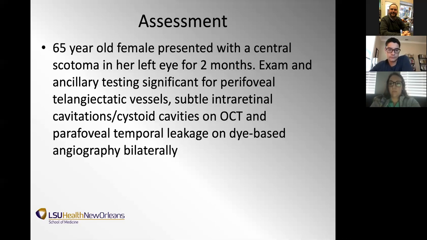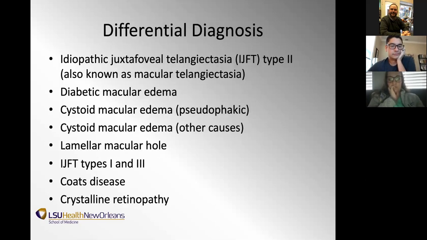So she's pseudophakic, so you can think of what else? Pseudophakic CME due to other causes. Anything else? Yeah, Irvine-Gass. Diabetes, CRVO. Exactly. Good. Patient-induced. Good. Yes. Excellent. So I think you all pretty much got everything.